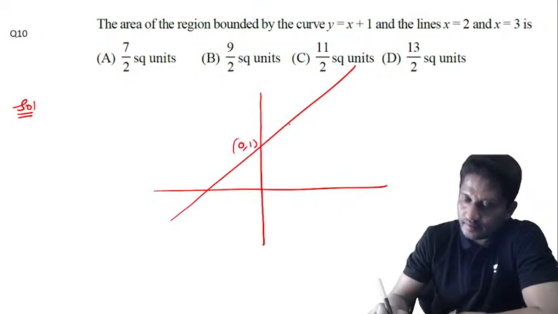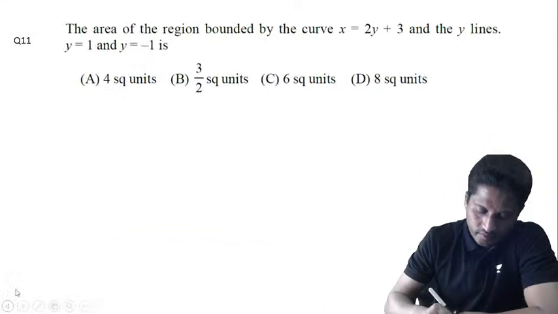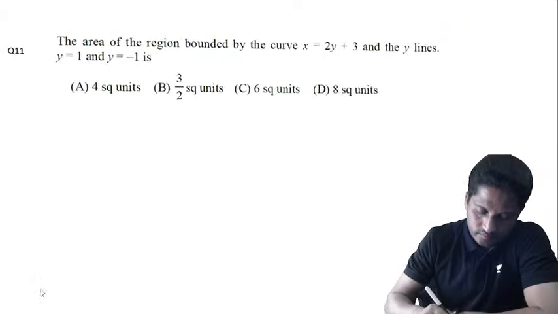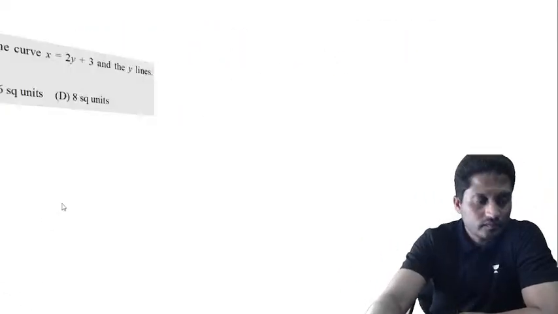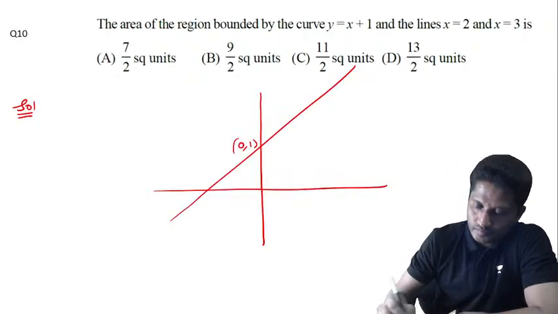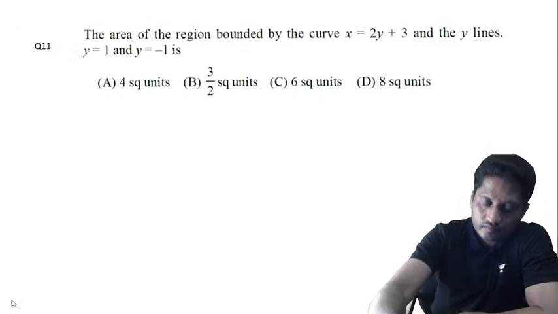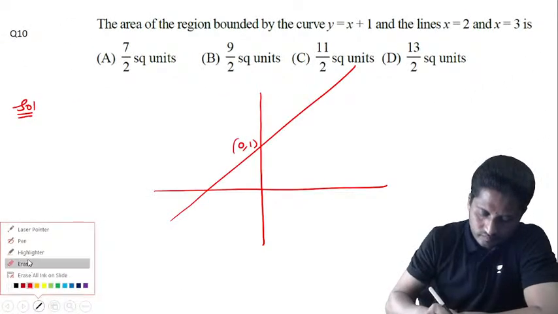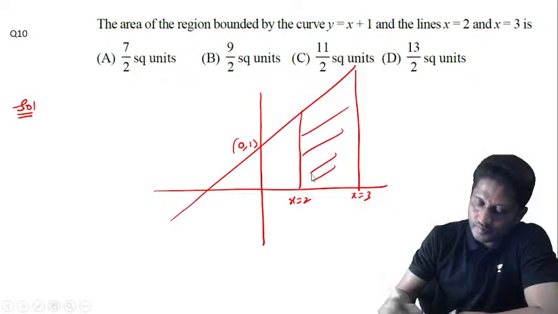This is x equal to 0, y is 1. x is equal to 2, and x is equal to 3. This area I'm supposed to find out.